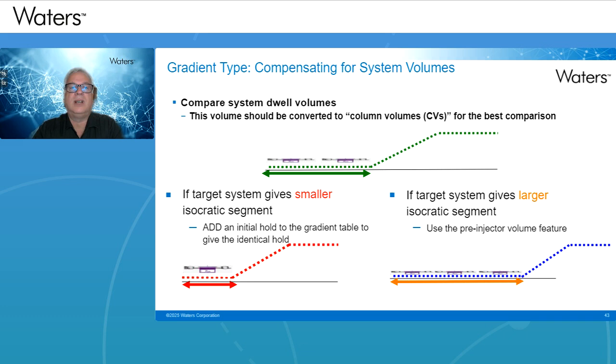So if the initial method was using 2 column volumes, you will need to use a function that will inject your sample before you start the gradient. So basically, in this case, you would inject after 1 column volume. So that's what the calculator is doing, in fact.